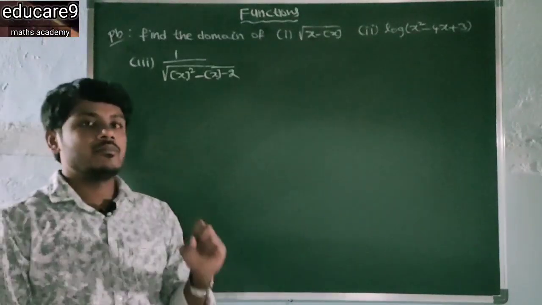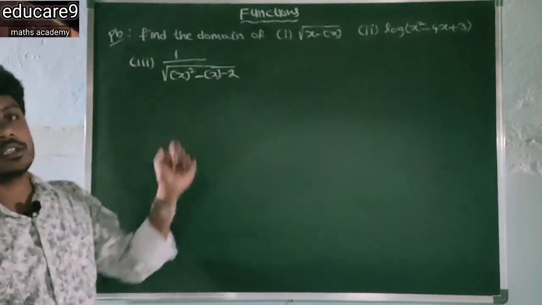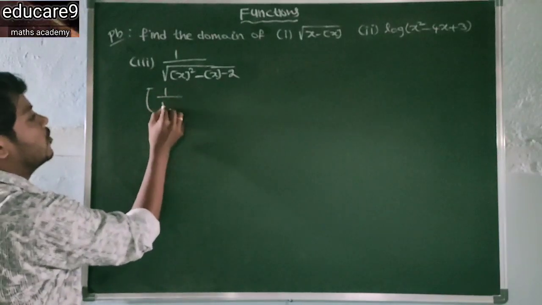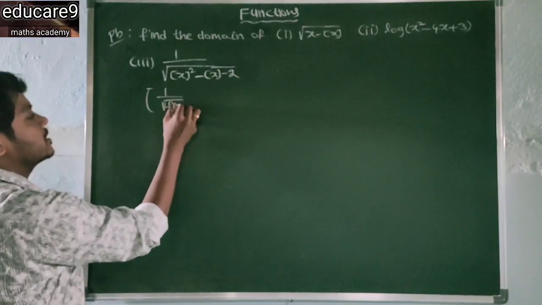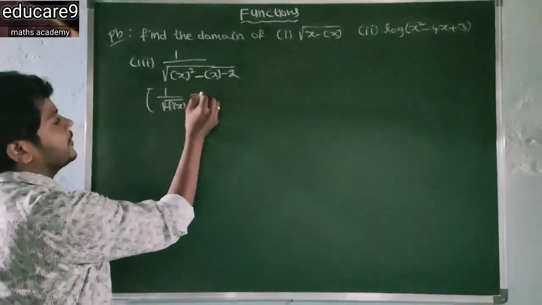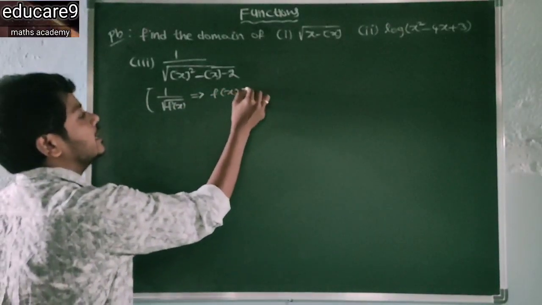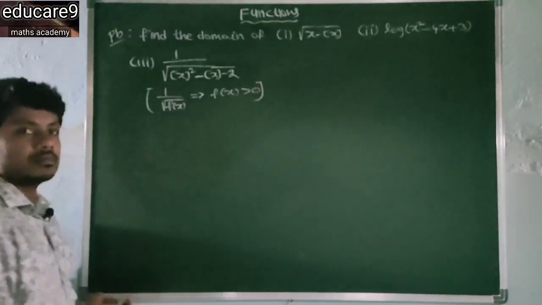Third one, find the domain of this function. See here clearly it is in the form of 1 by root f of x. 1 by root f of x conditions. F of x is greater than 0 only.